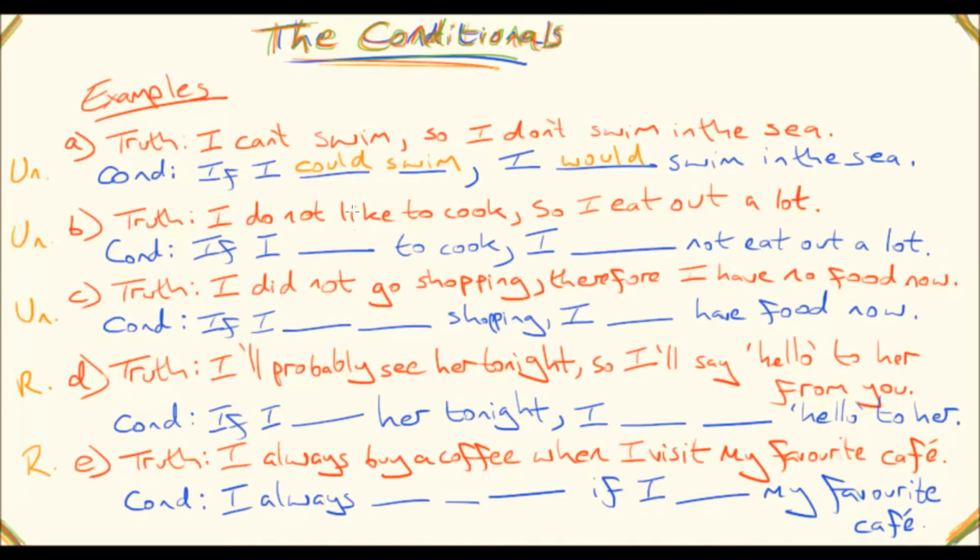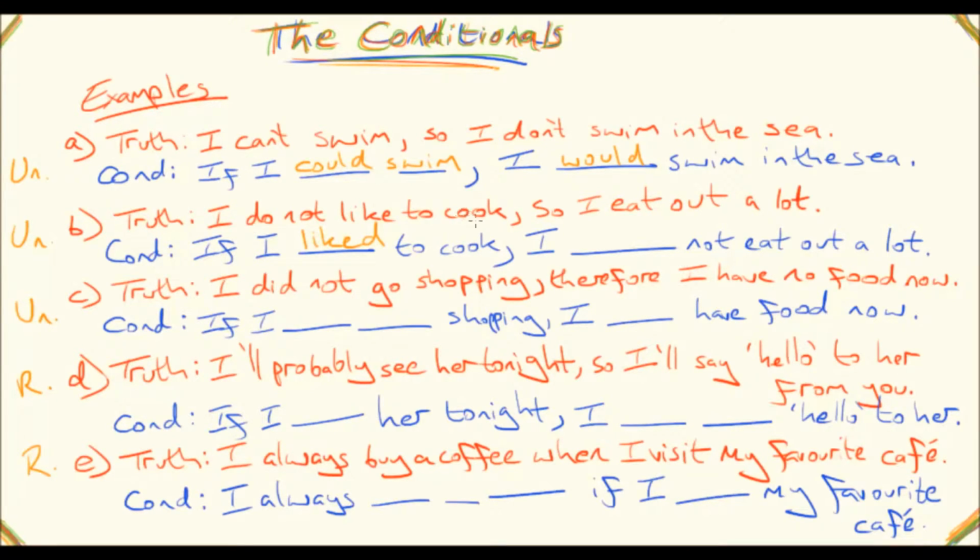The second one, I do not like to cook, so I eat out a lot. However, now what tense is this? Do not like. So it's negative, present, simple. So we'll just make it positive, past simple. That's what it backshifts to. If I liked, you could also say did like, but we'll keep things simple.